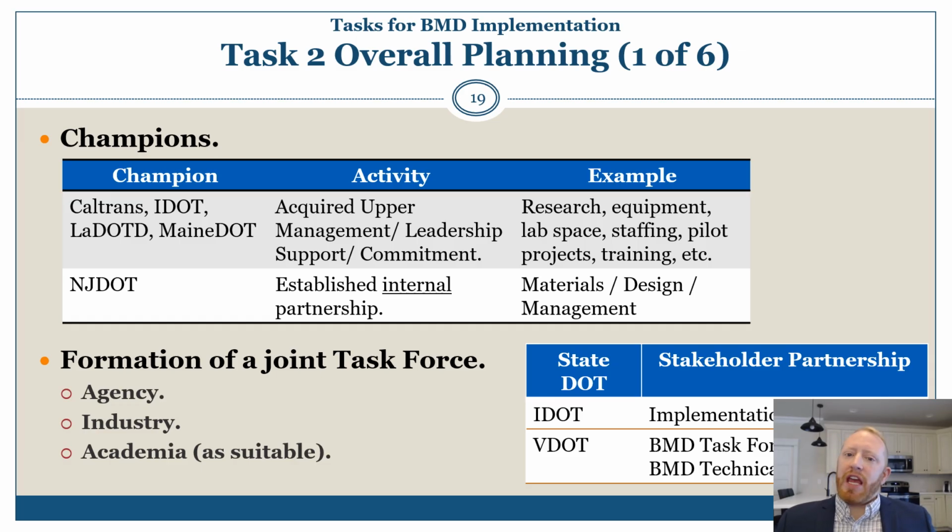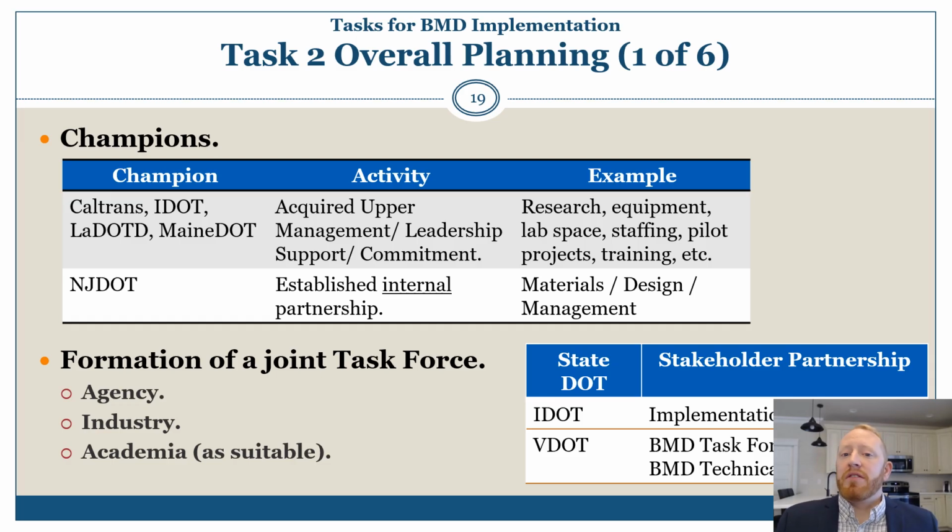Much like any change at a state DOT level that we've seen in asphalt and other areas, it requires a champion. So what kind of activities did they do? We saw examples of getting upper level management buy-in and leadership support and the commitment for resources that may be necessary to make the implementation happen, be it research, lab space, people, etc. We also had an example from New Jersey where they had an internal partnership.